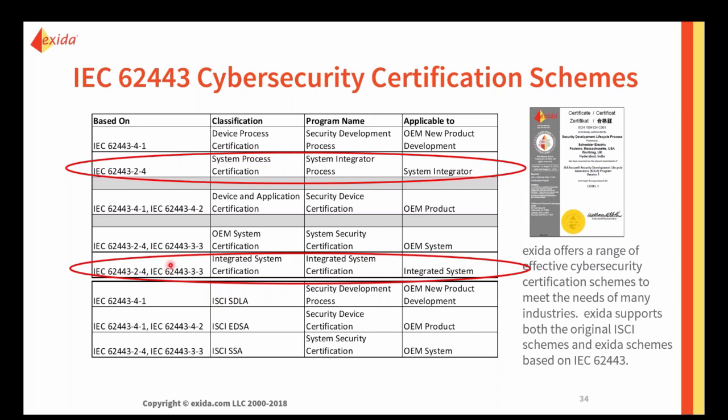We've seen there are a lot of important connections between the 2-4 and 3-3 standards that align the process elements defined in 2-4 with the capabilities of the overall system and its security requirements, which are defined in the 3-3 standard. Those two portions of the standard together are what allow for an overall certification of an integrated system.